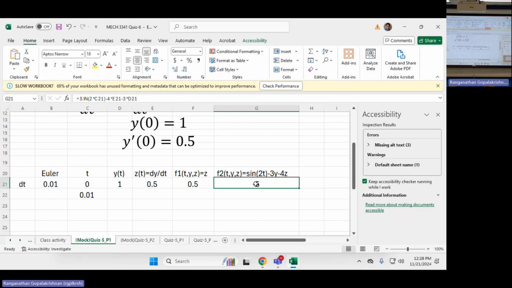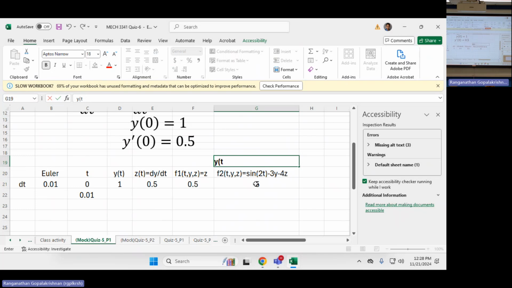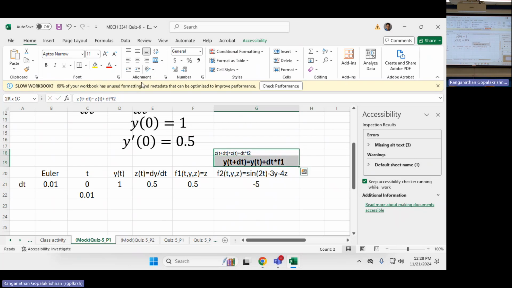So what is y of t? I'll write it on the side here for reference. y of t plus delta t equals y of t plus delta t times f1, and z, the same template, z of t plus delta t is z of t plus dt times f2. If you understood this step, you are pretty much good to go.